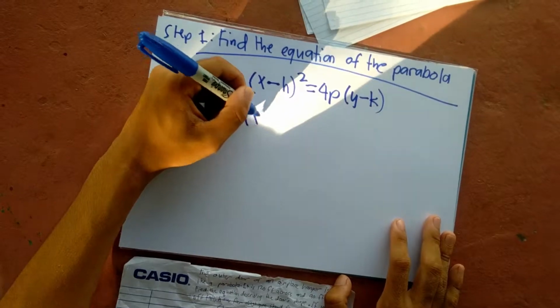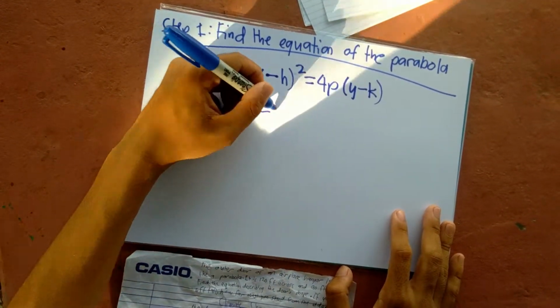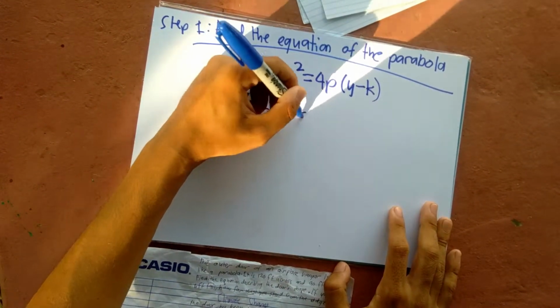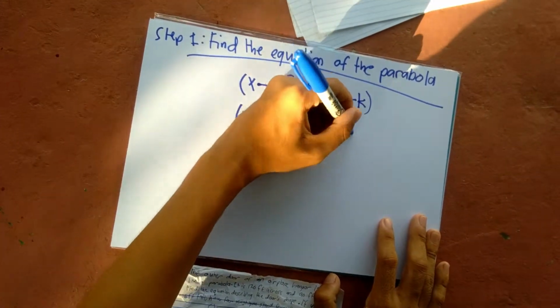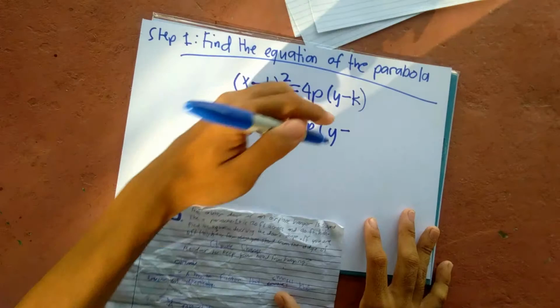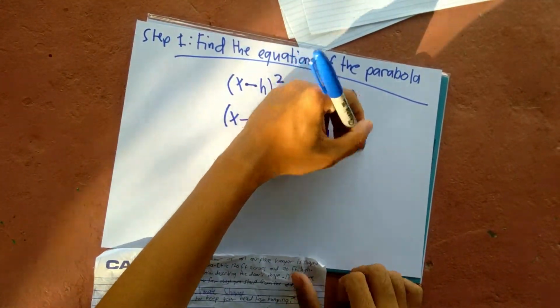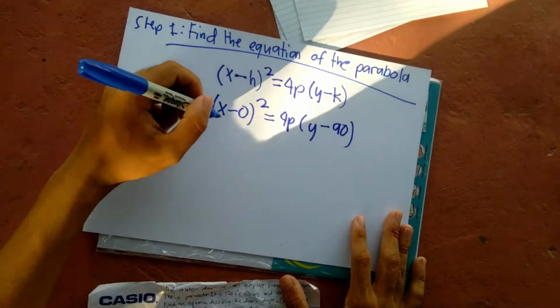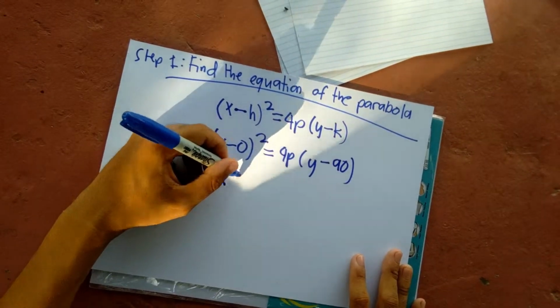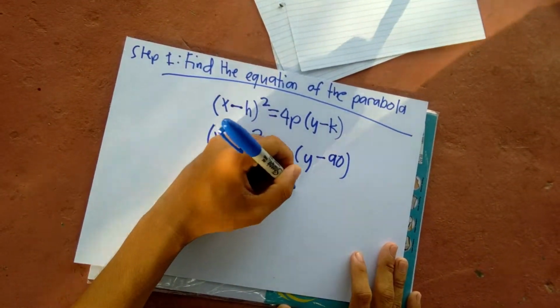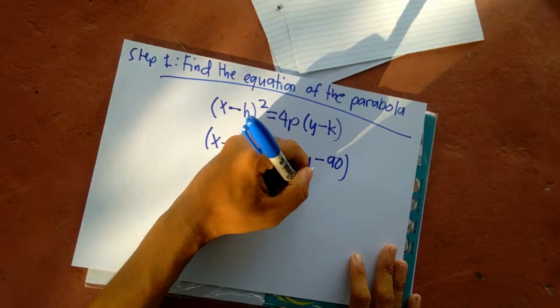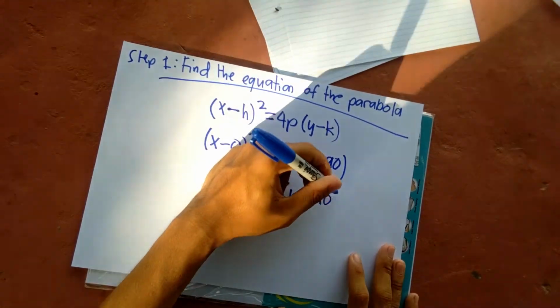So it will become (x - 0)^2 = 4p(y - 90). Then we will have x^2 = 4p(y - 90).